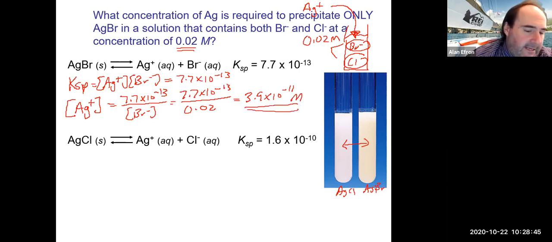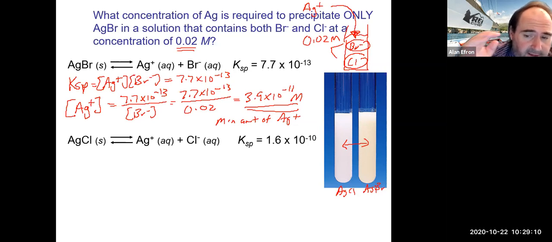So what does that number mean? That number is the minimum concentration of silver that needs to be added to that solution to start to see silver bromide precipitate out. Before you get to 3.9 times 10 to the minus 11, you could dump some silver in there and you're not going to see any precipitate.